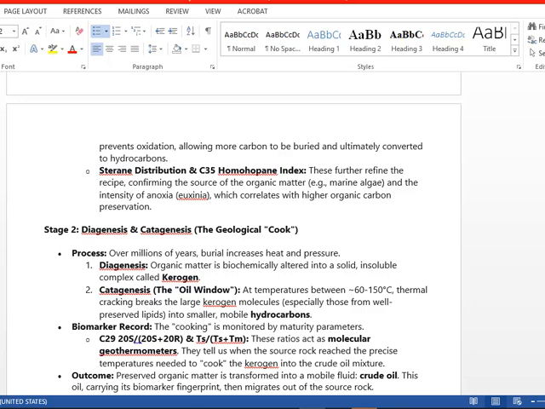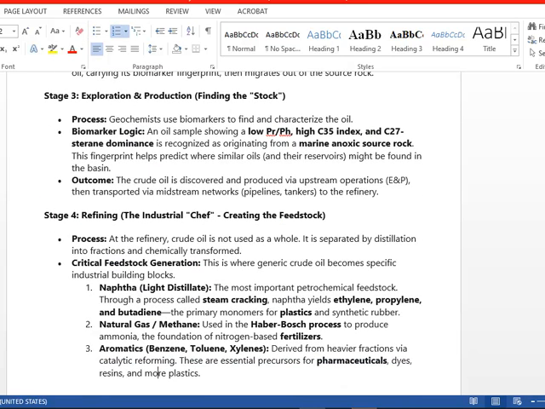Next, catagenesis, where it starts forming the oil, between 60 to 150 degrees Celsius. So just the process that is necessary. Stage three, talk about exploration and production. Here the geochemists use biomarkers to find and characterize the oil. That's stage three.